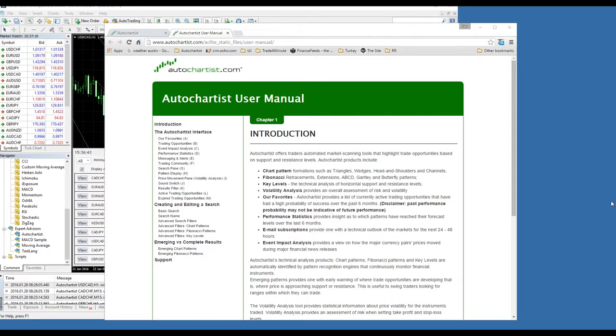If you email support@autochartist.com, we can direct you to those companies. However, I must point out that if your broker doesn't support it, you're not with any of the major brokers around the world. Autochartist is provided by about 120 brokers around the world, and if your broker doesn't offer it, maybe you should reconsider your choice of broker, or ask your broker why they don't offer it.